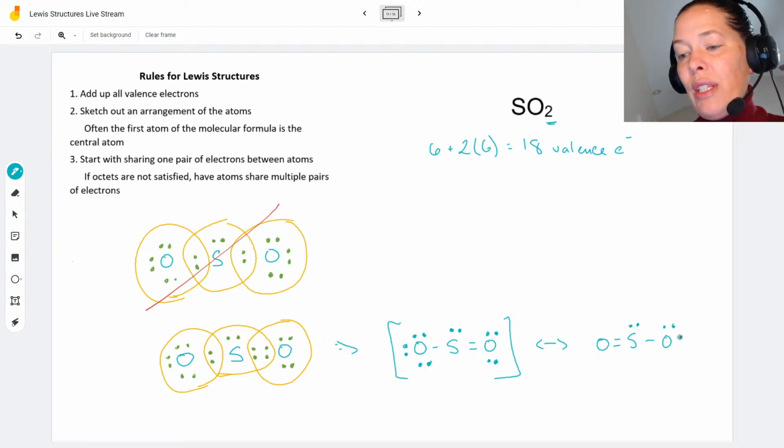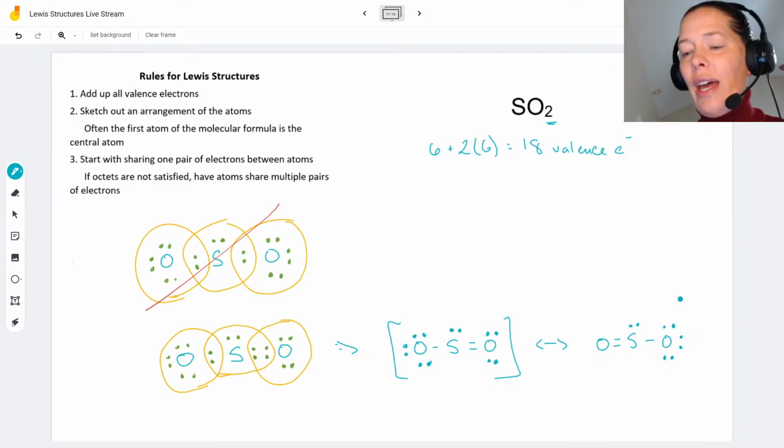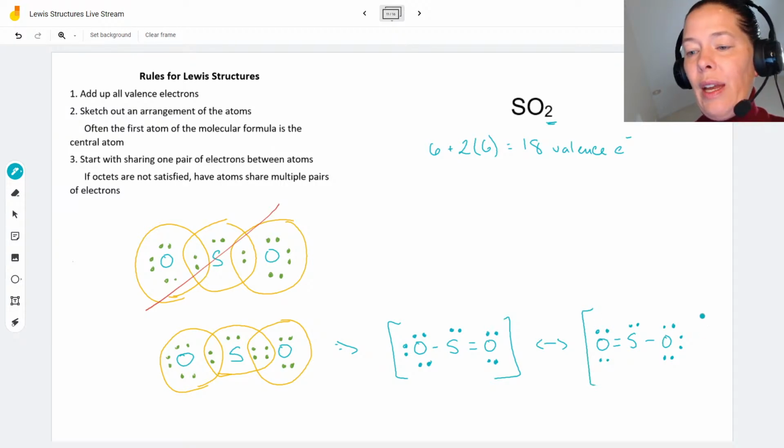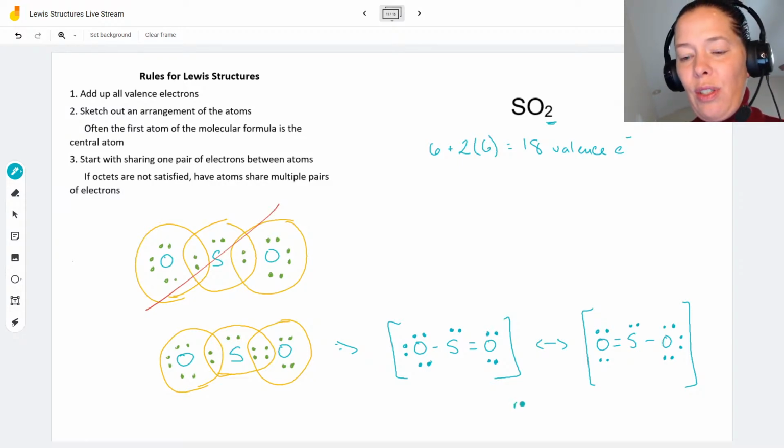Now, when you do this, make sure that you keep the lone pairs the same. So because I moved my single bond to the right-hand side, that means I now need 3 lone pairs on that oxygen on the right. And the one on the left just gets 2. And we put brackets around this just so it's easier to see what the structures are. But these structures are called resonance structures.